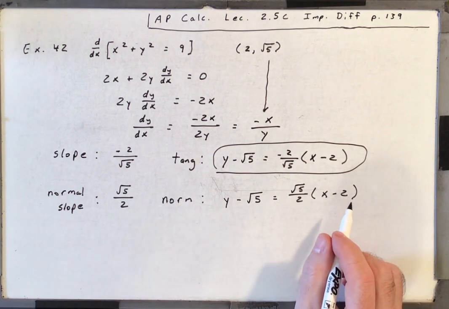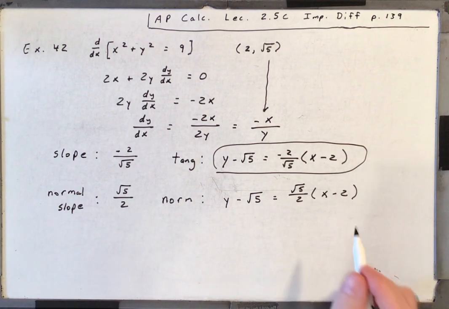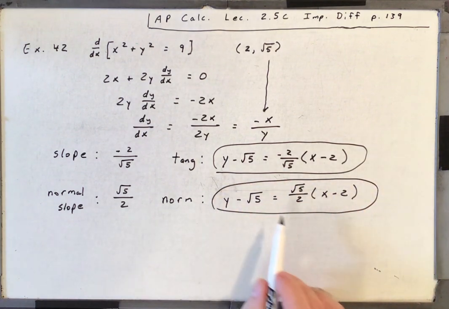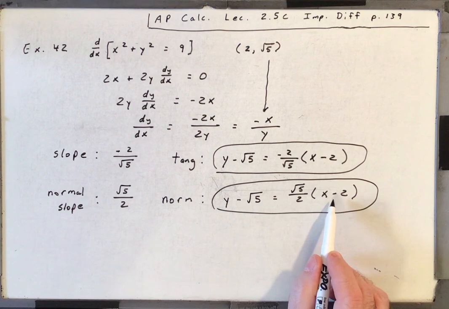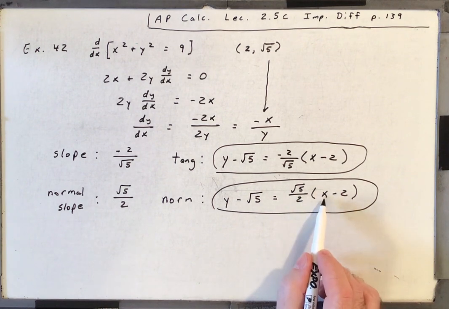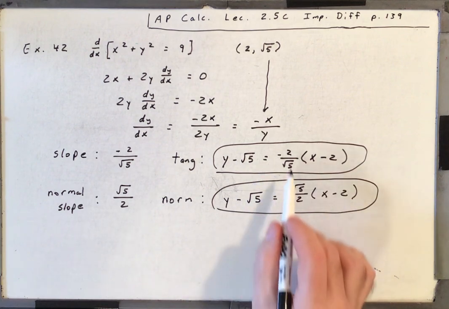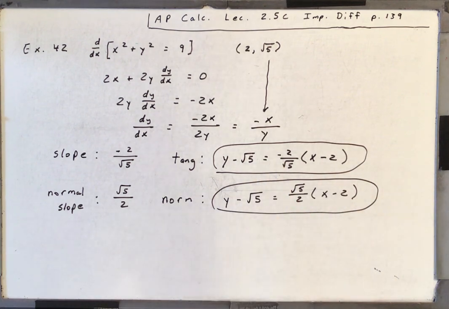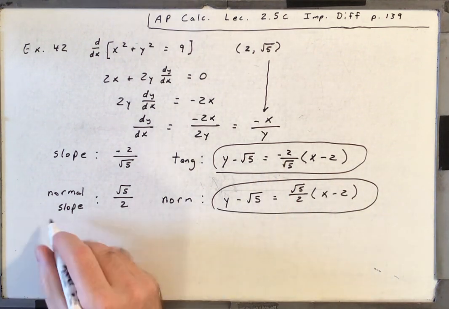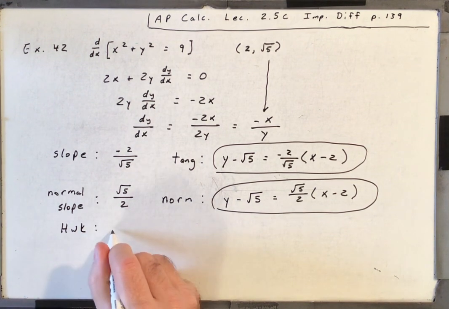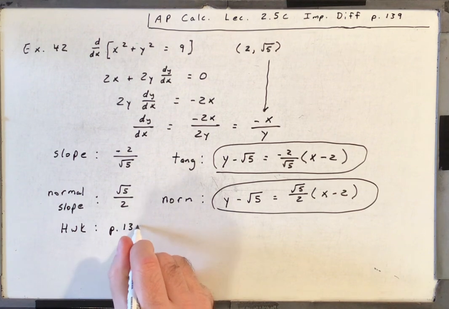Okay, the book probably puts this in slope-intercept form by moving that root 5 to the right and multiplying through by root 5 over 2. Again, you don't have to do that. This is perfectly fine.